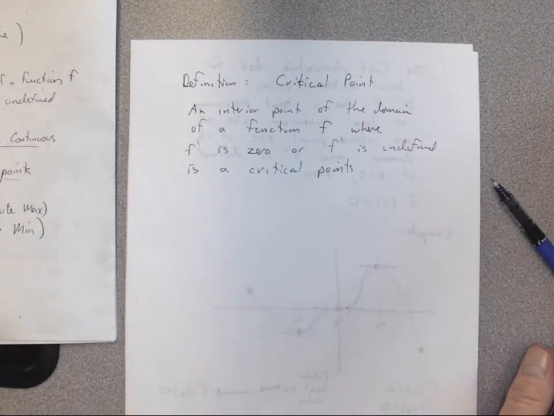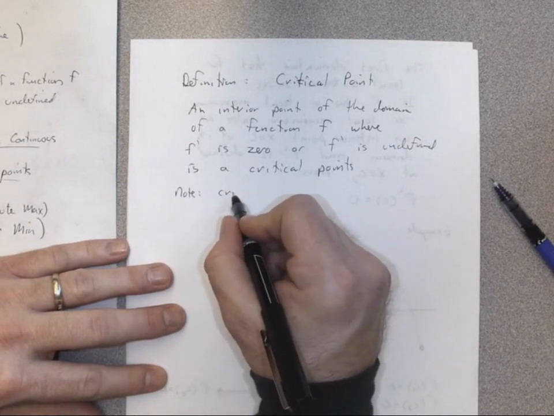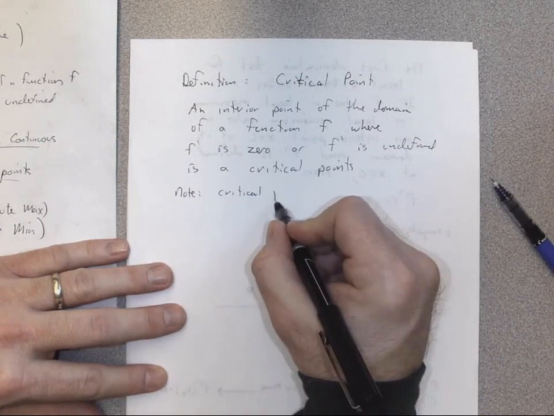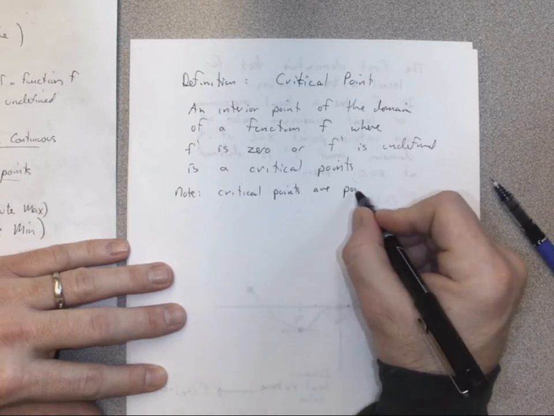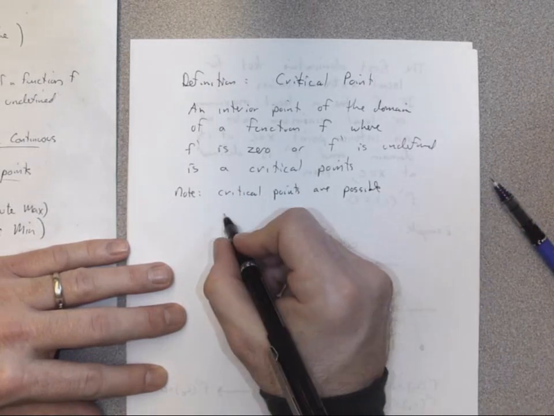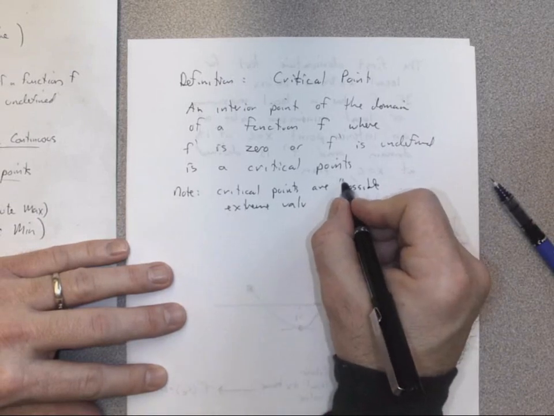So just note these critical points are possible extreme values. Remember, they're only possible, okay?